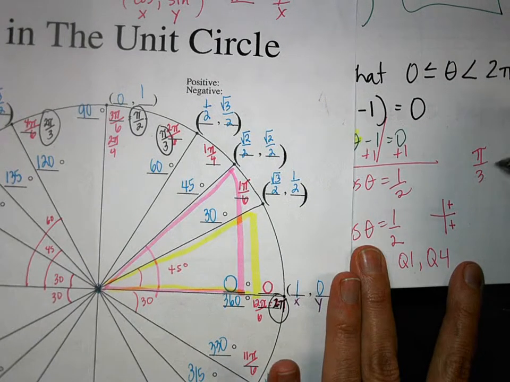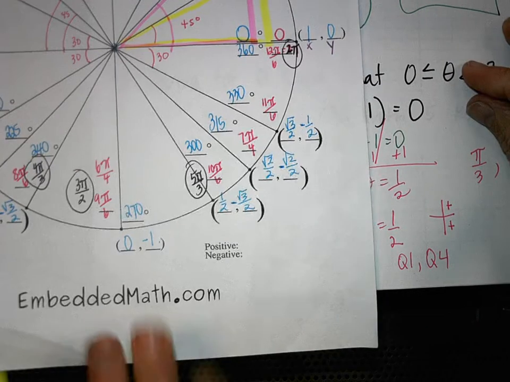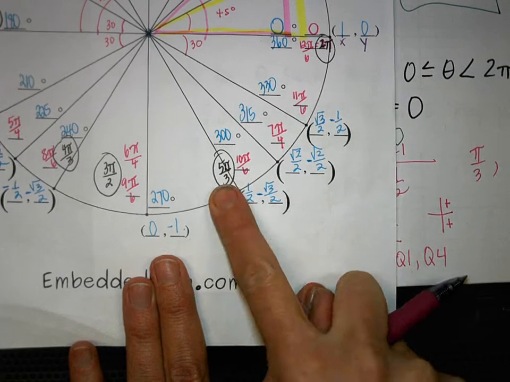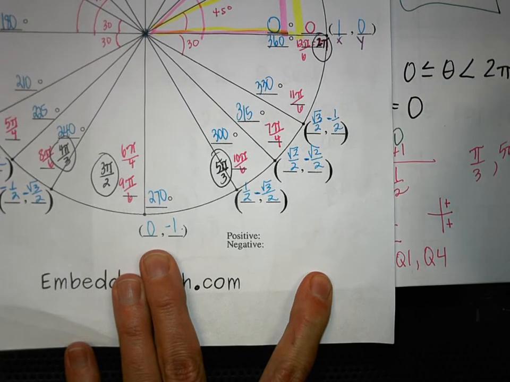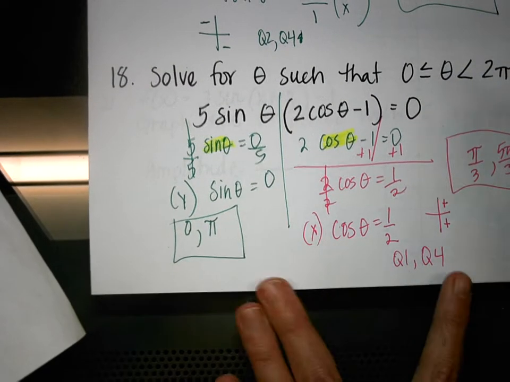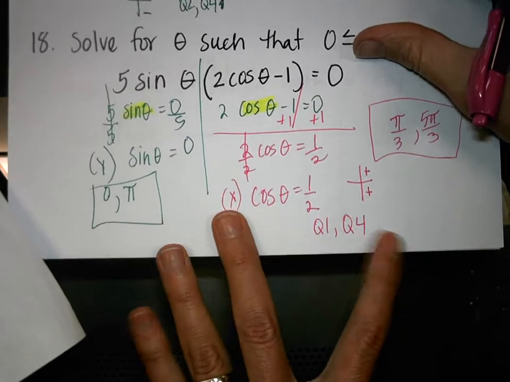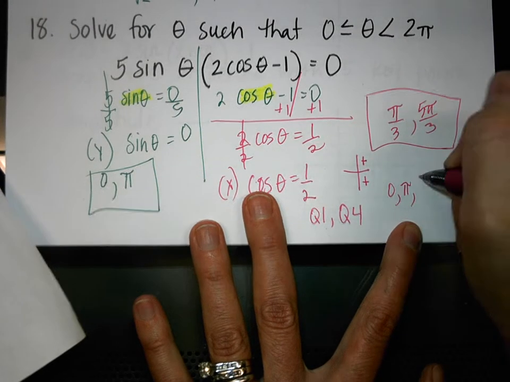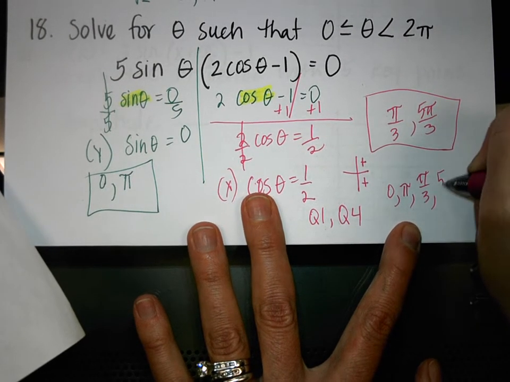In quadrant 4, cosine or x is 1/2 at 5 pi over 3. So that's my answer. For number 18, there are actually 4 answers: 0, pi, pi over 3, and 5 pi over 3.